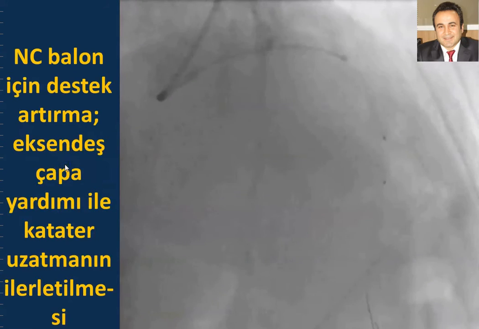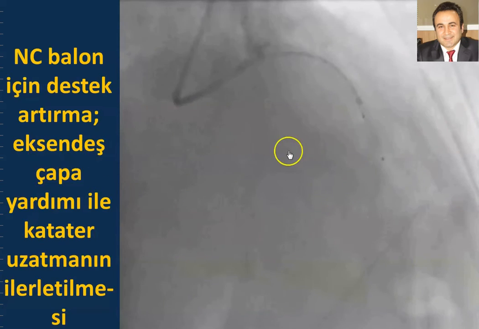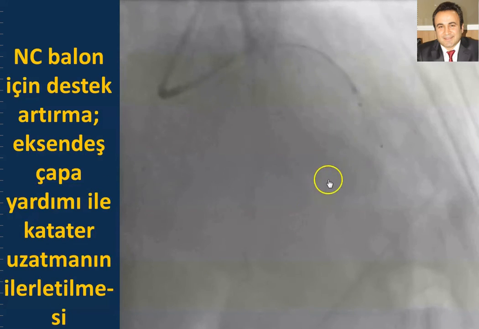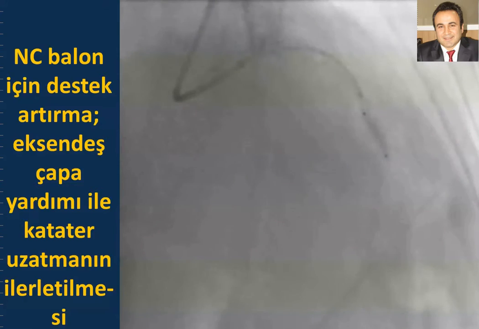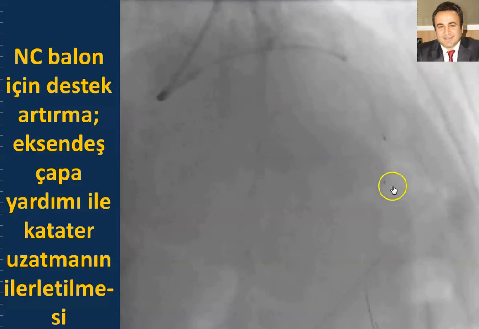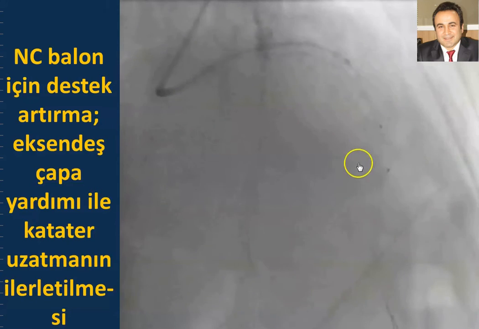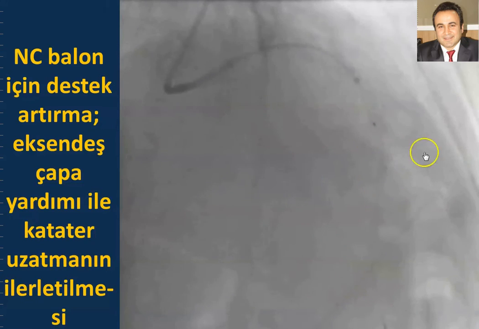Lesion preparation is very important for the calcific lesion, but balloon delivery was not possible for this non-complete balloon, and we used the coaxial anchor technique.